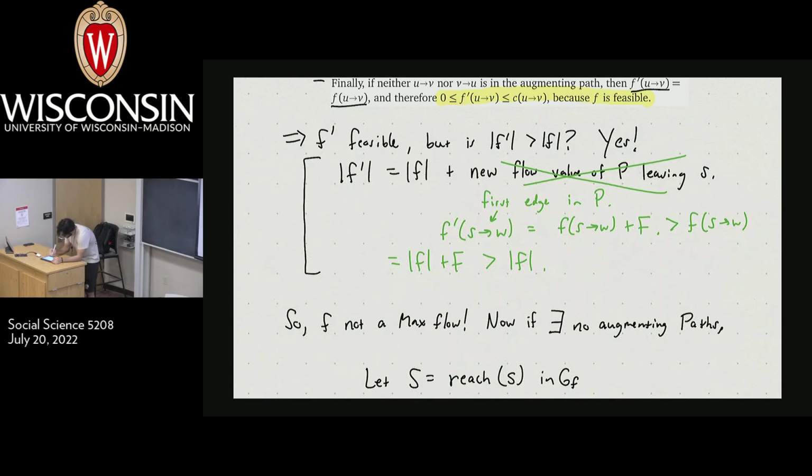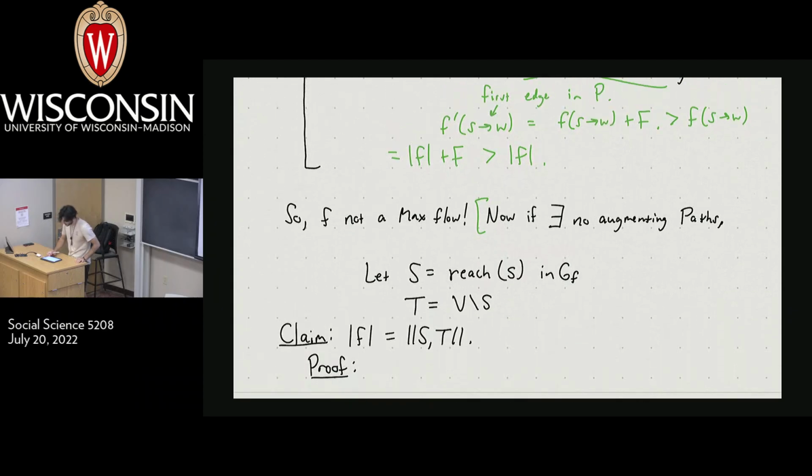Okay? So now let's suppose there are no paths from S to T in the residual. In other words, there are no augmenting paths. So let's assume that's the case, and let's define S to be the reachability set of S. So these are all the things that S can reach in the residual.